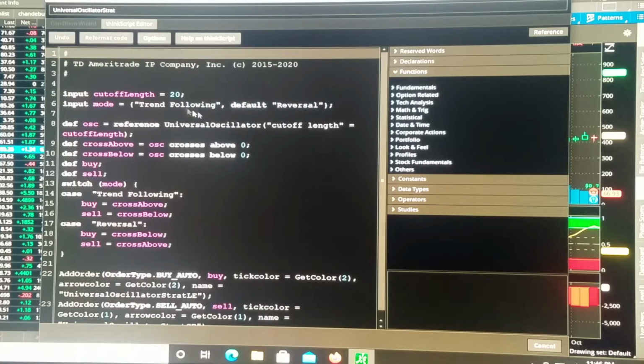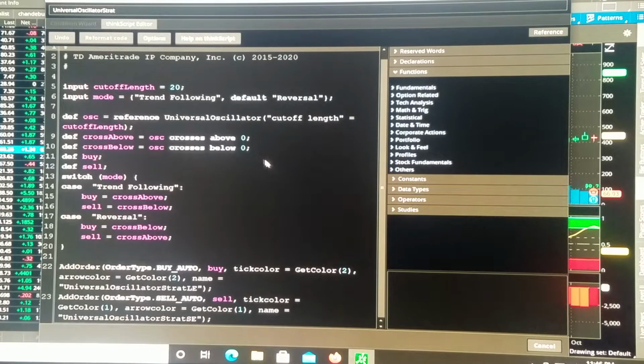Input cutoff, reversal, define oscillator reference, universal oscillator. OSC crosses above 0, OSC crosses below 0, define buy, define sell. I recently made something very similar to this. Interesting. I absolutely love it.